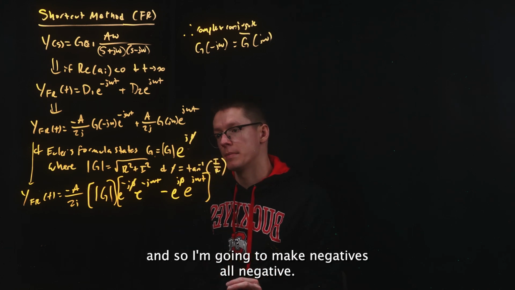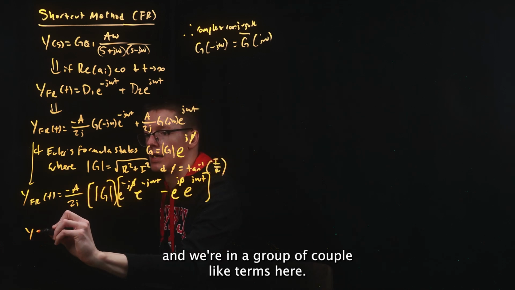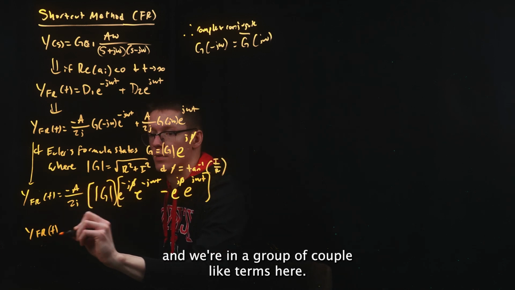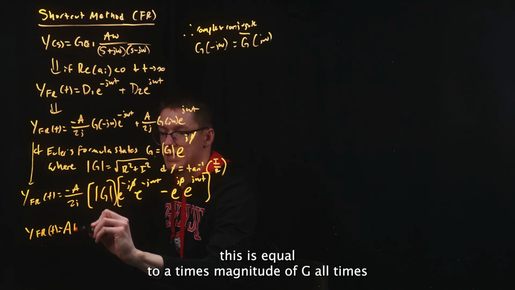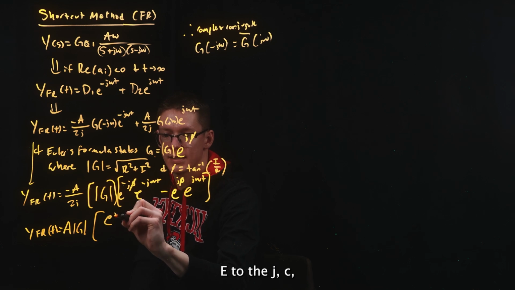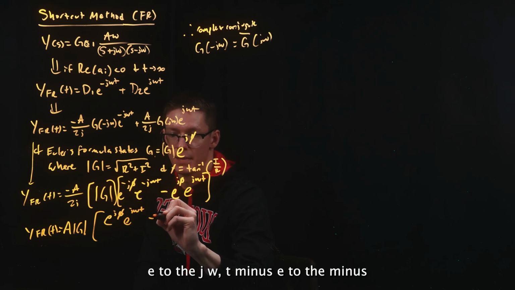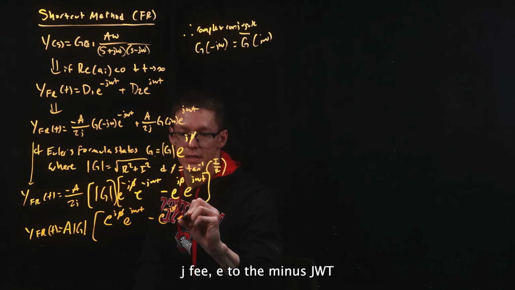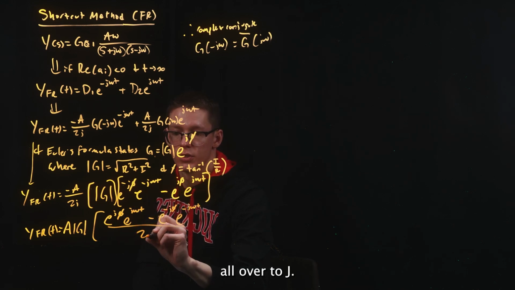I'm going to put the negative back into the expression, and we're going to group a couple of like terms here. So I'm going to say this is equal to a times the magnitude of g, all times e to the j phi e to the jwt minus e to the minus j phi e to the minus jwt, all over 2j.